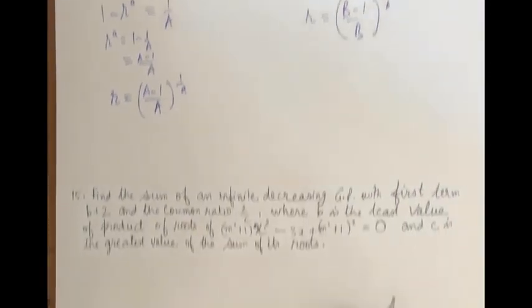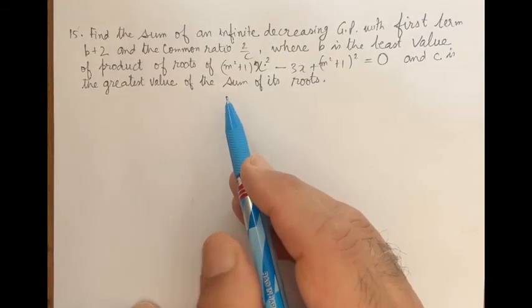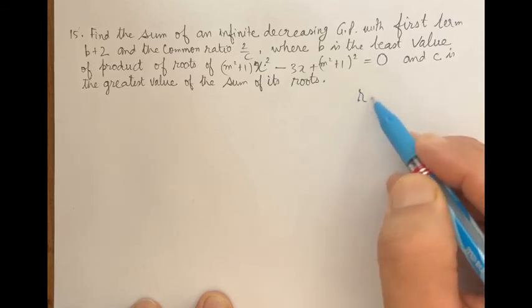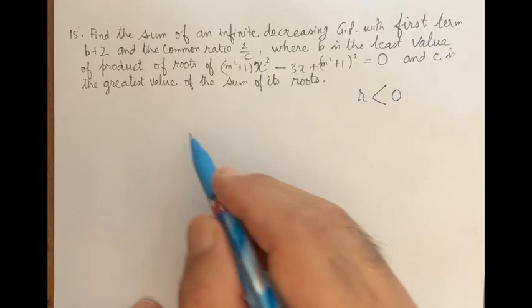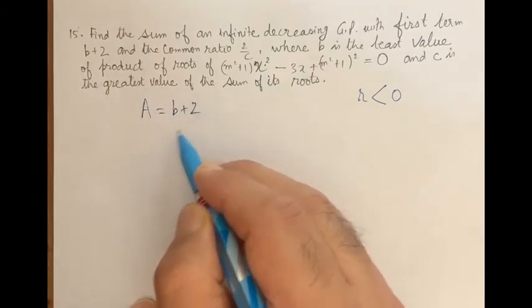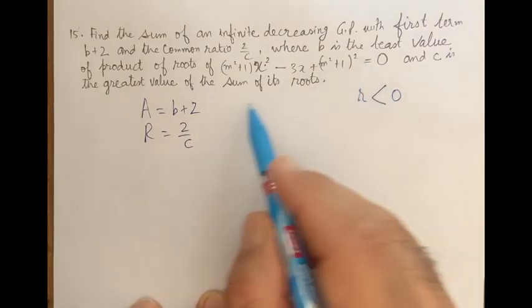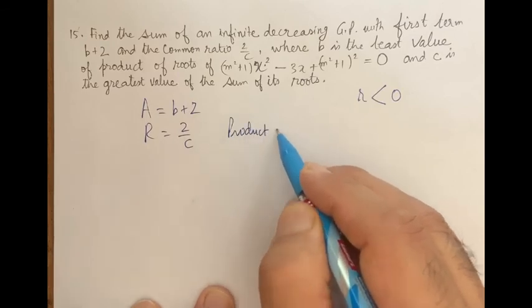And the last question, we have to find sum of infinite decreasing GP. Decreasing GP means r is less than 0, r is negative. With first term, so first term is b plus 2 and common ratio is 2 by c. B is least value of product of roots. Let us find out product of roots.